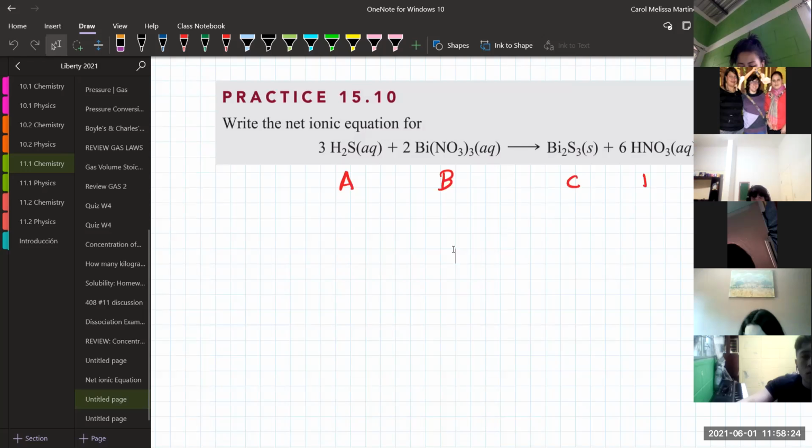Let's analyze. The first compound, are we going to do dissociation for it or not? Can dissociation be done in the first compound? Look at the physical state.